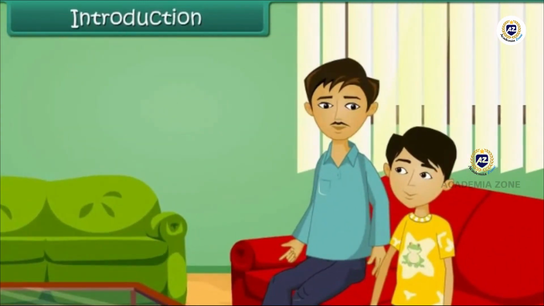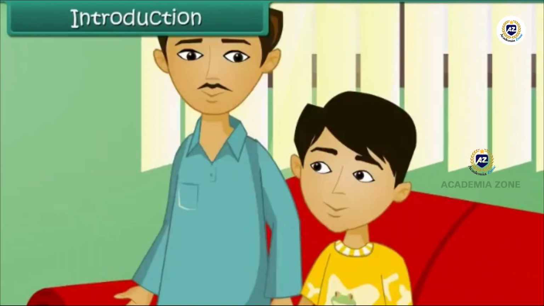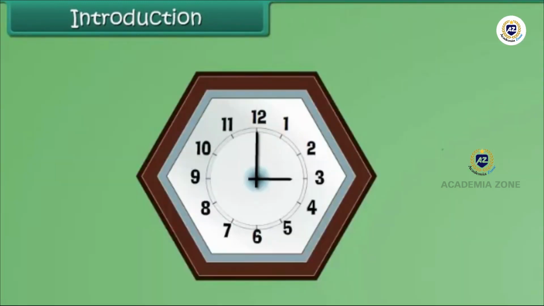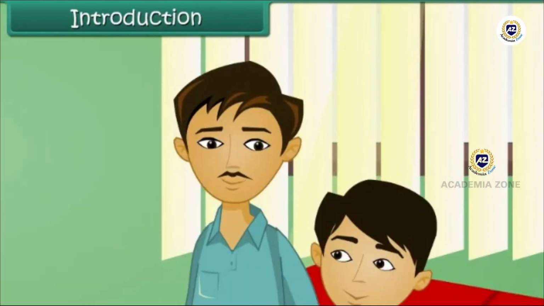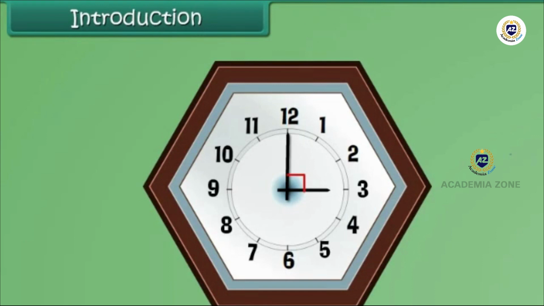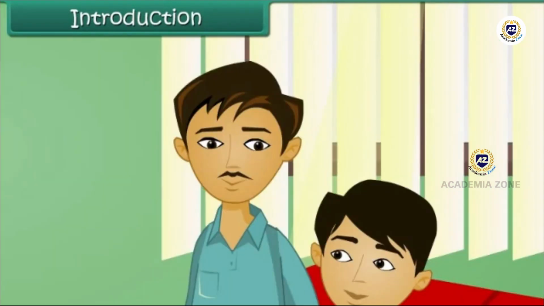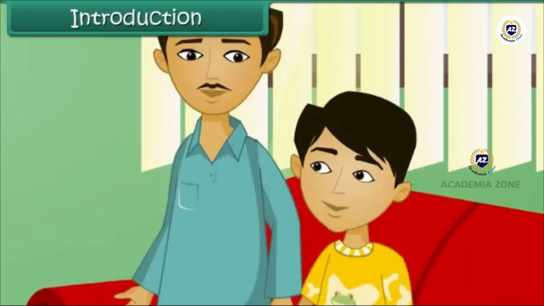Why are you looking at the clock, Vijay? I am trying to make out the angle made by the hands of the clock, uncle. I see. So what angle do they make, Vijay? They make a right angle, uncle. Great.